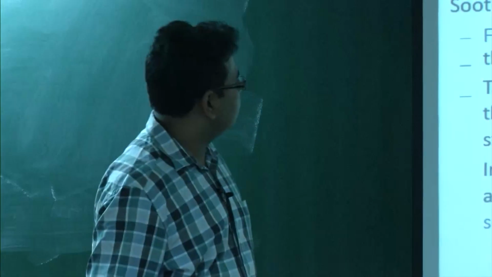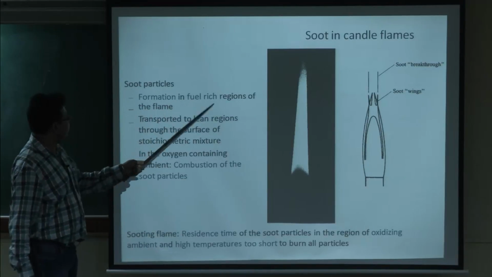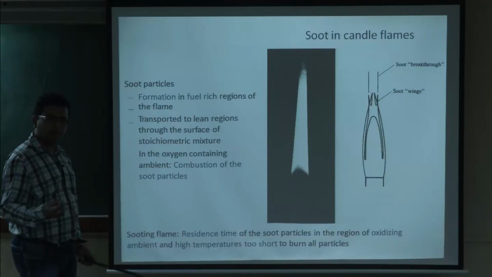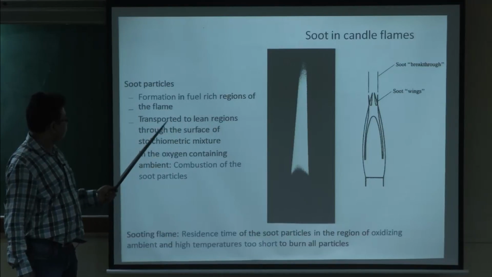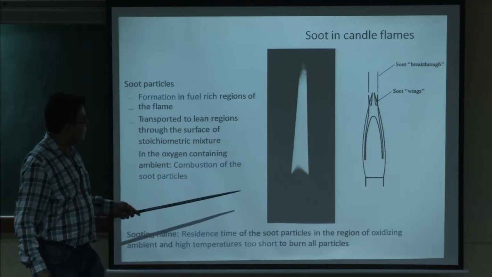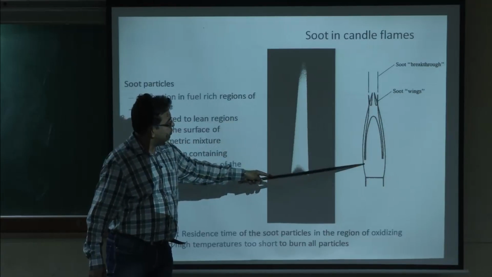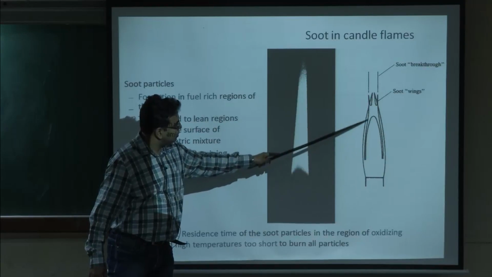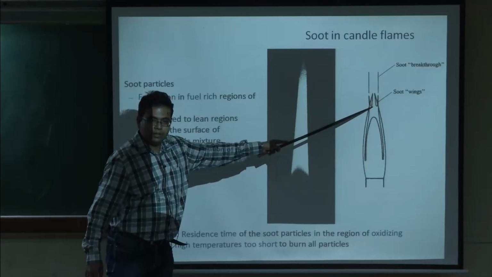Soot particles are basically formed in the fuel-rich regions of the flame, where you have higher concentrations of fuel. Typically the soot distribution appears like this, and you can see that often there is a break here.